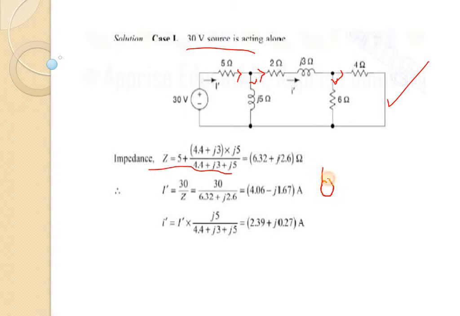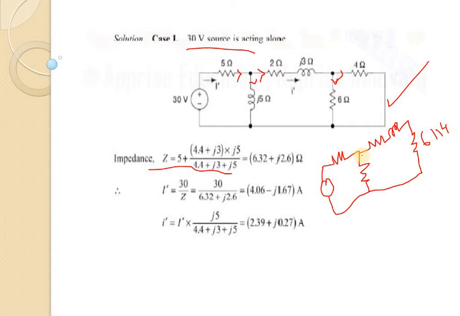This is the 30 volt source. Then this is 5 ohm. Then this is J5. Then this is 2 ohm plus J3 ohm. Then another resistance which is the combination of 6 parallel 4.